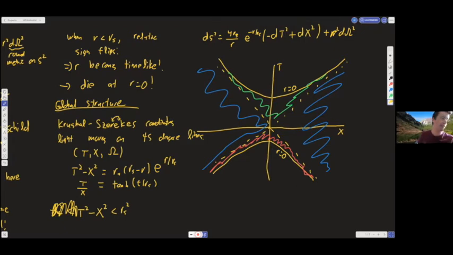There's a region over here that looks asymptotically flat, and another region over here that also does. So this is actually 2 universes, as it's sometimes said, although I think that's a little bit silly. 2 asymptotic regions is maybe better, which are connected by a wormhole.